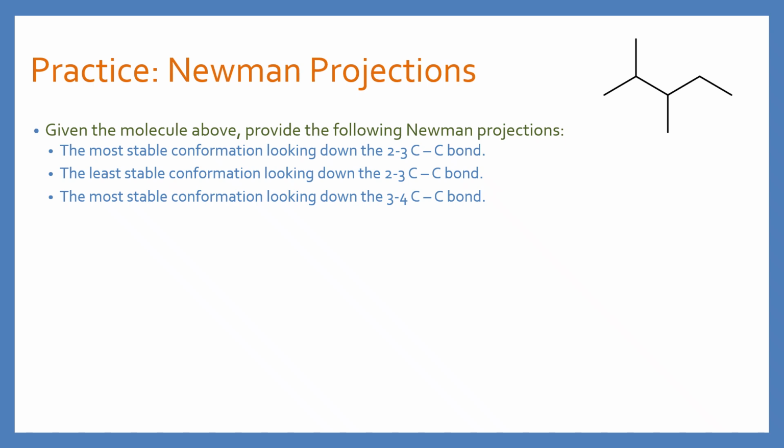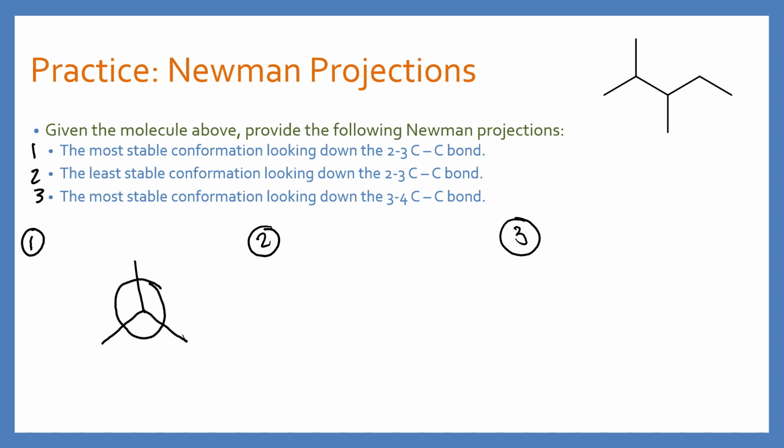On this next page, I've given you a molecule, and I'm asking for 3 different Newman projections. So let's go ahead and just number these 1, 2, and 3, and we'll leave space for those here. Number 1 says the most stable conformation, so I'm going to go ahead and do myself a favor and draw a staggered conformation.